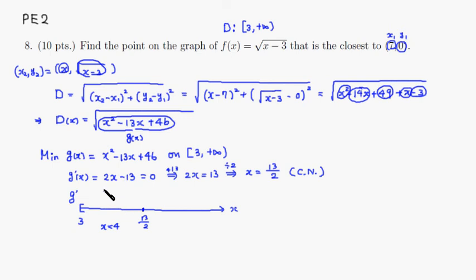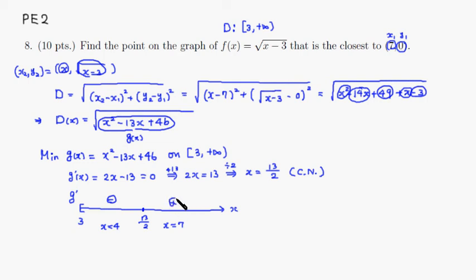If you plug in 4, 4 times 2 is 8 minus 13, which is negative. After 13 over 2, like x equals 7, 2 times 7 is 14, minus 13 is positive.